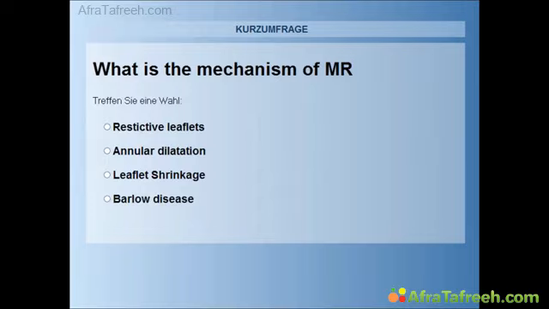And the question is, what is the mechanism of mitral regurgitation? Is it restrictive leaflets? Is it annular dilatation? Is it leaflet shrinkage? Or does the patient have Barlow disease? I'll give you a few seconds to answer this.